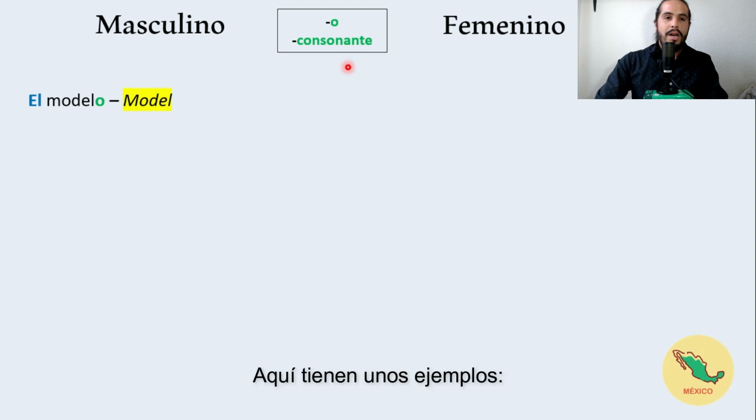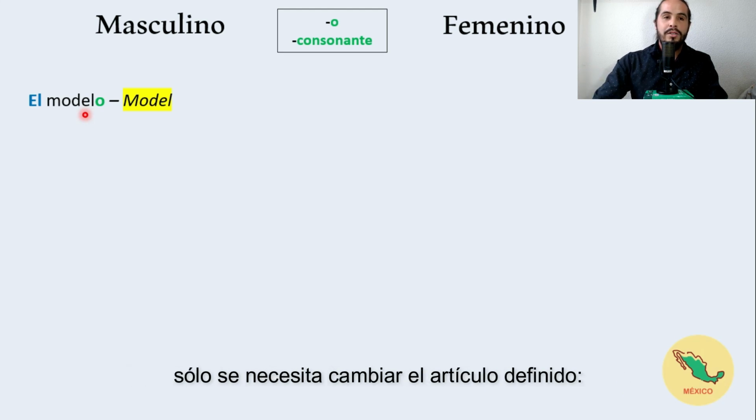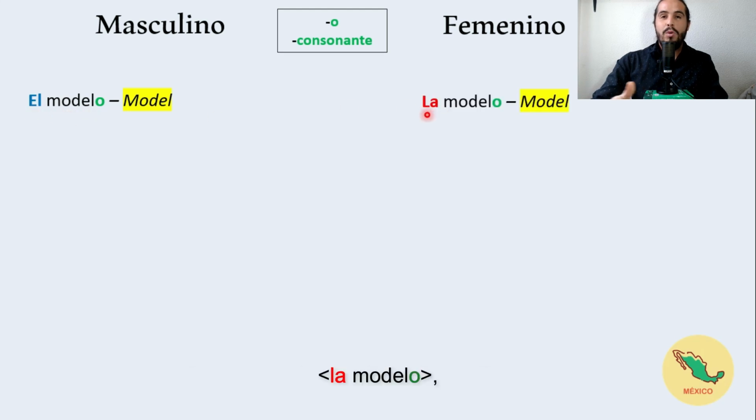So, here you have some examples. You have el modelo, the male model. If I want to have the feminine version of this noun, I only need to change the definite article, and I get la modelo, which means the female model.